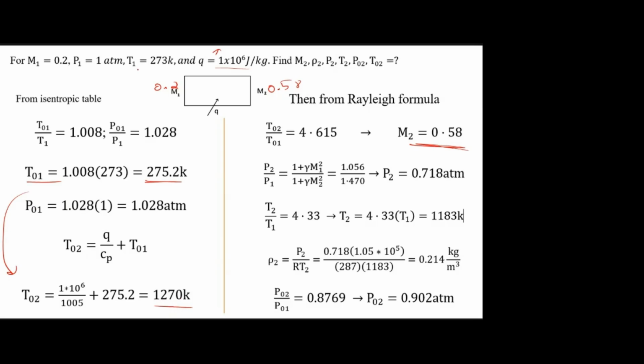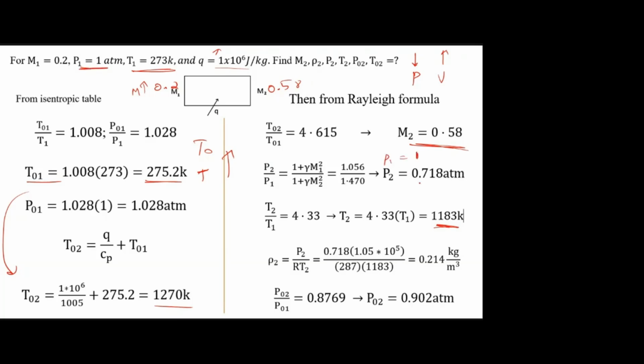Similarly, T1 is 273 and T2 is 1183. So T0 and T will increase due to the heat addition. Mach number also increased, temperature also increased. Next is pressure. You know the relation between pressure and velocity: if velocity increases, pressure will decrease. So here acceleration happened, so P1 is 1.